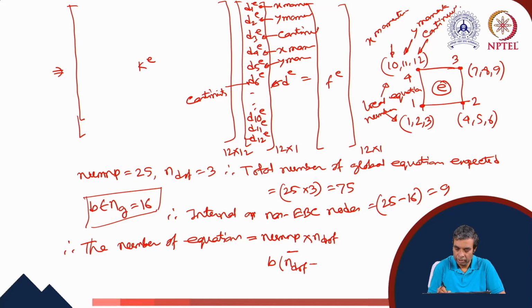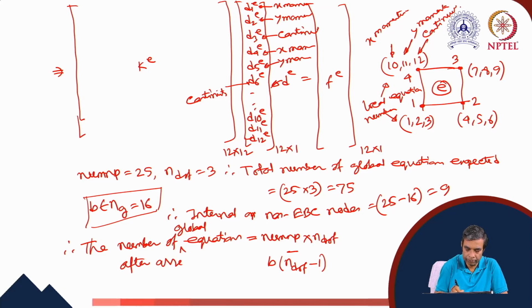So, the number of equations that we have to subtract is (NDOF minus 1) into the number of essential boundary nodes. Number of global equations after assembly equals 25 into 3 minus 16 into (3 minus 1).